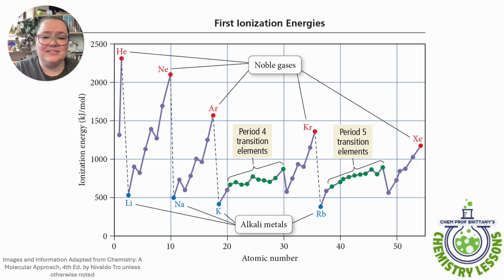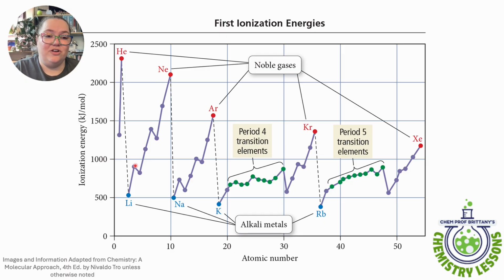Here we can see ionization energy in graphical format as we go across a period. As I go across a period, the first ionization energy generally increases, like a lot.